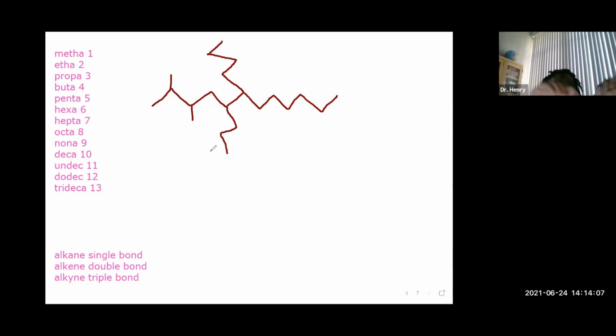Okay, so first thing that we want to do is find the longest carbon chain. Okay, so we have 1, 2, 3, 4, 5.